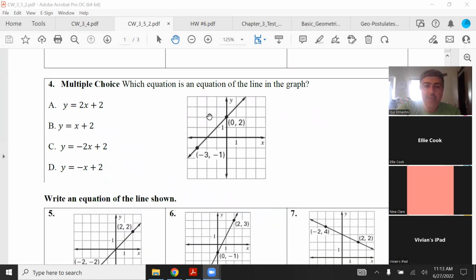Great, thanks. So here, the y-intercept is 2. That's where you touch the y-axis. The slope: up 1, up 2, up 3, so you're going up 3, and right 1, right 2, right 3, you're going right 3. So positive 3 over positive 3, that means the slope is 1.